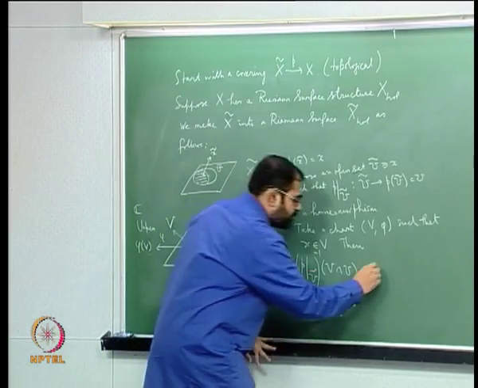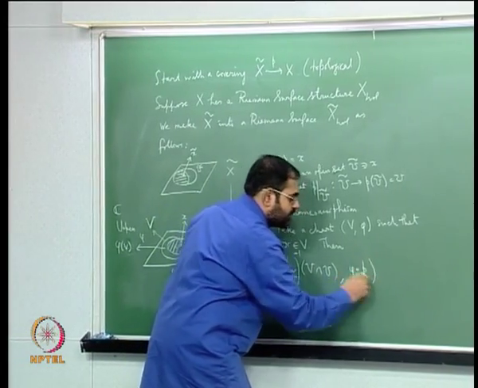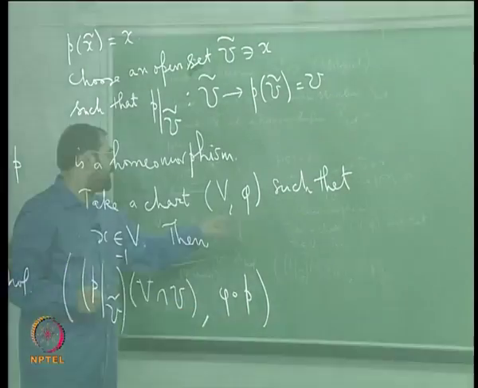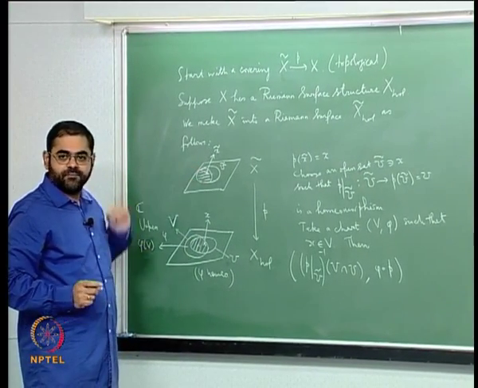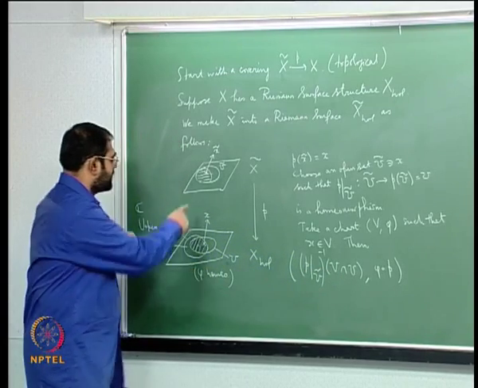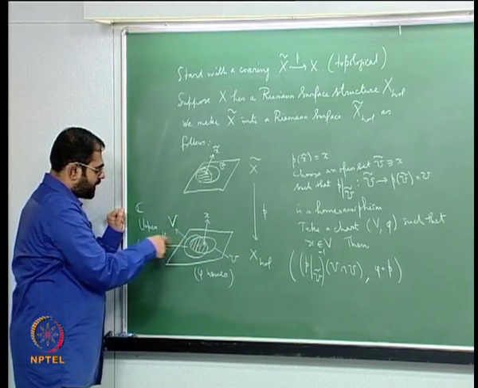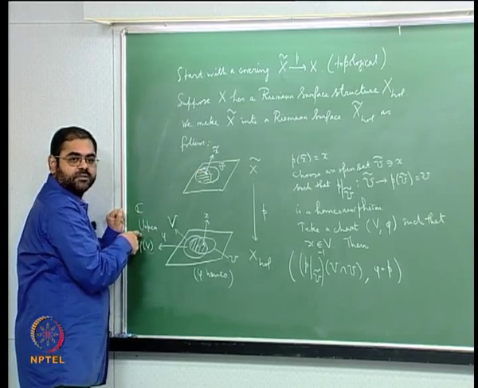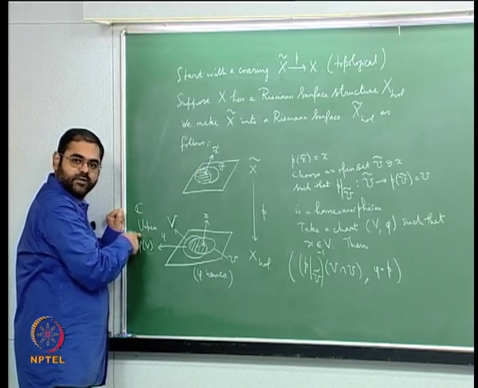So P followed by φ, restricted to this shaded region of course. Then this becomes a chart at x tilde because this is a homeomorphism followed by another homeomorphism. So it's a homeomorphism onto an open subset of the complex plane, so it's a chart.